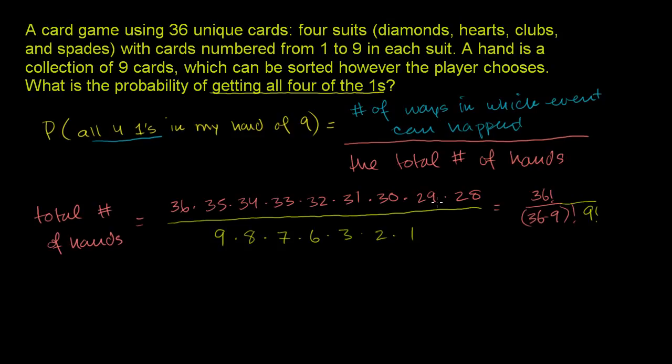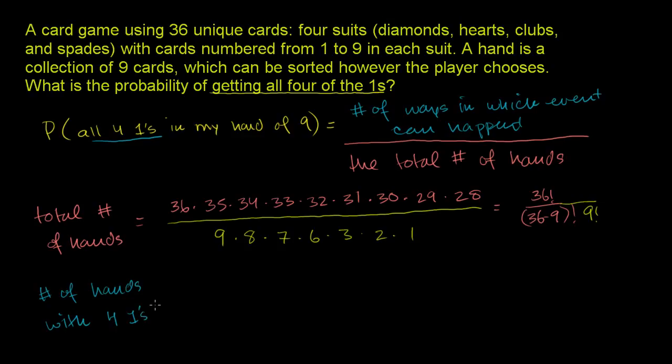Now, a little bit more of a nuanced thought process is how do we figure out the number of ways in which the event can happen, in which we can have all 4 ones. So let's figure that out. So number of hands with 4 ones.